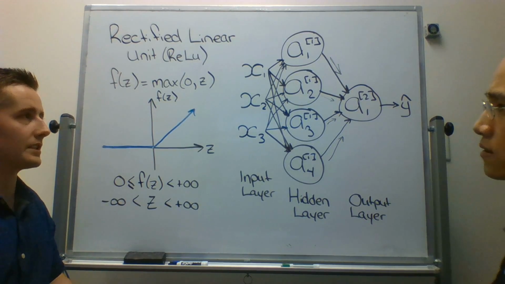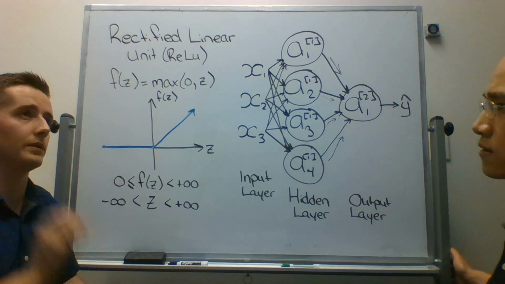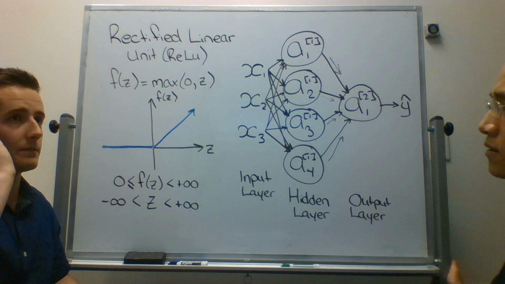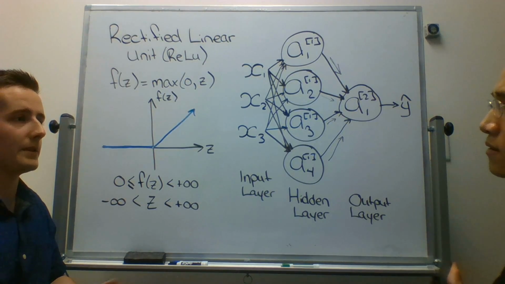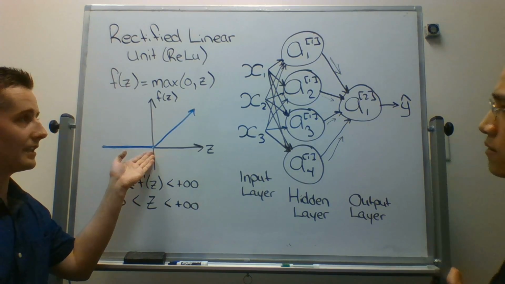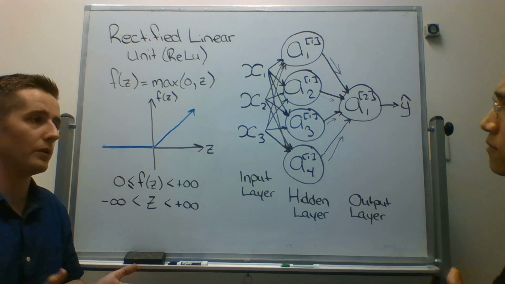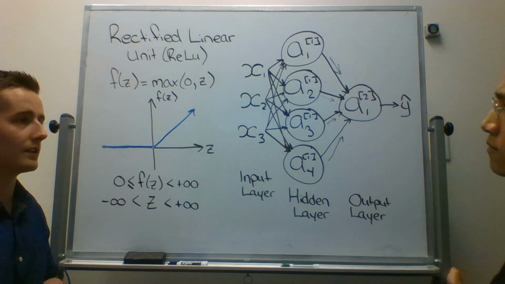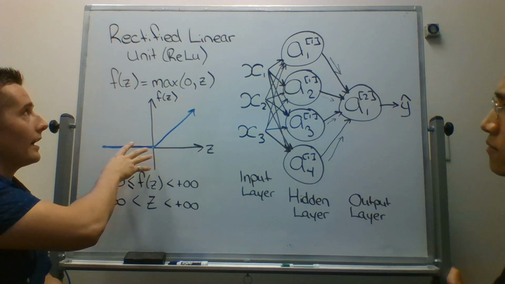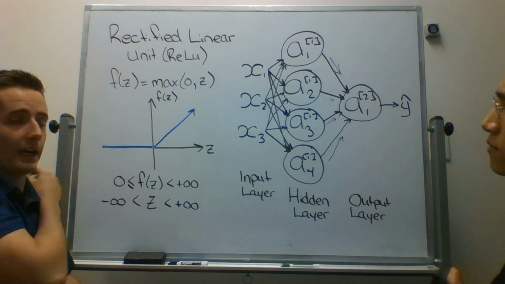I actually haven't seen any instance of why you would want to predict negative numbers, but maybe it's a matter of scaling your output afterwards. But as it stands, it is just 0 to positive infinity. I suppose that on your output layer, if you needed negative numbers, you could have no activation function. You could just say that z equals z.